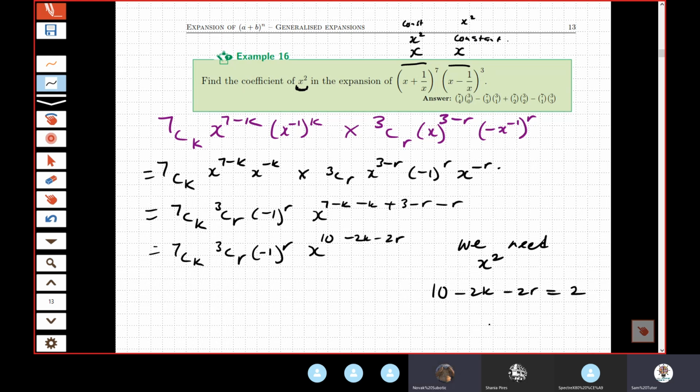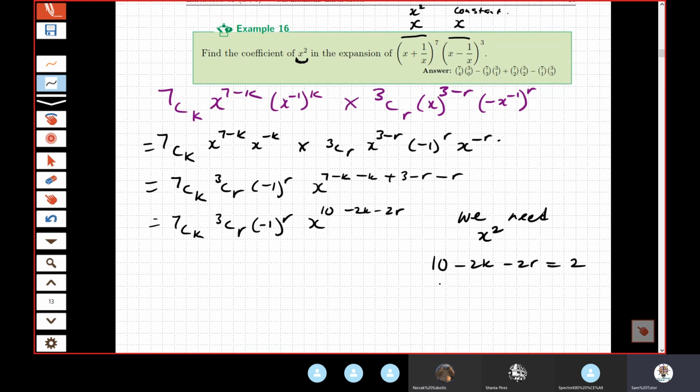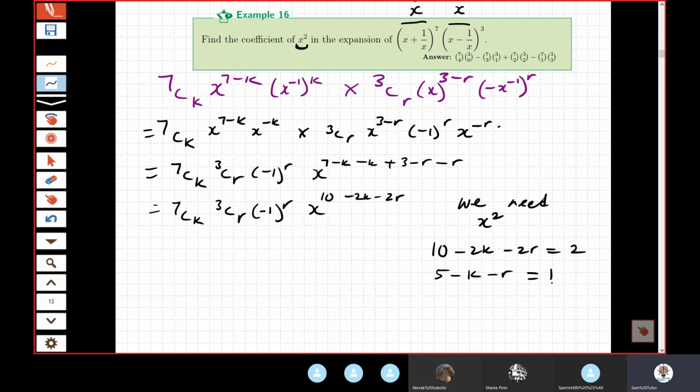Right? Yes. So then I'm going to divide everything by 2 as well, just to simplify my math. 5 minus k minus r equals 1. Or in other words, I might bring this over and bring this over. So I get 4 equals k plus r. So as long as k plus r is always 4, I will always get my coefficients of x squared.